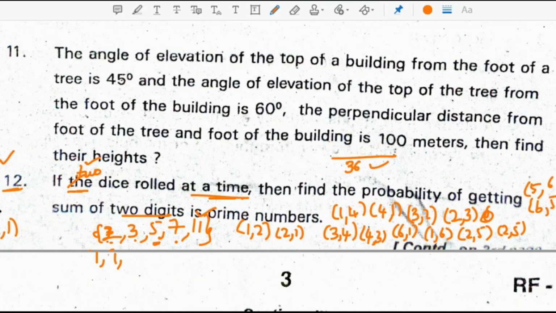So we'll see how many favorable outcomes are there. 1 2 3 4 5 6 7 8 9 10 11 12 13 14 15. So number of favorable outcomes is 15, total possible outcomes are 36. So probability of getting a sum prime number is 15 by 36.